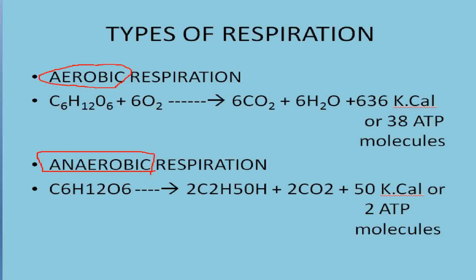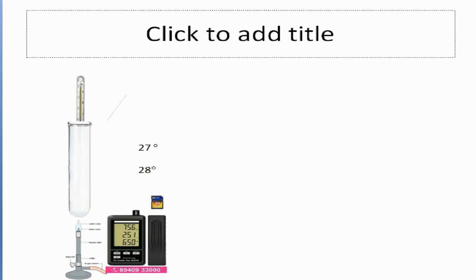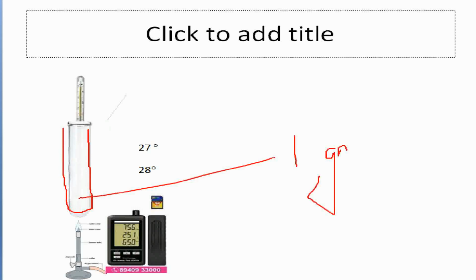Then what is the meaning of calorie? We can understand 1 calorie by means of an experiment or just by seeing the diagram. Here we take a test tube, and in the test tube we take 1 gram of water and insert a thermometer.